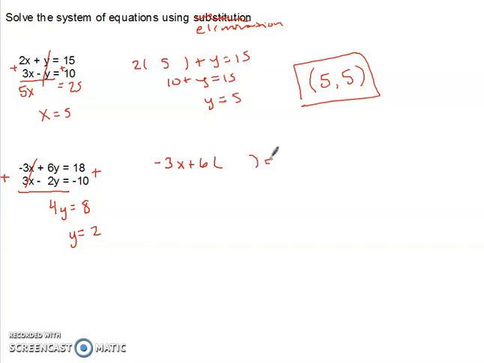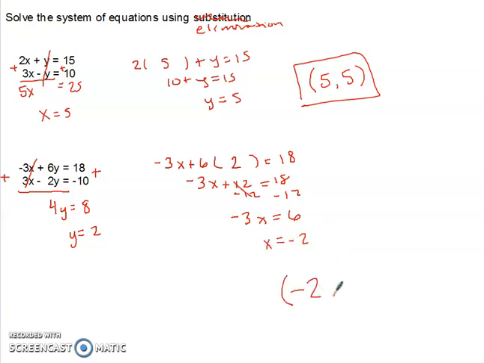I'm choosing the first equation, but you can pick either. Negative 3x plus 6 times y, which is 2, gives me 18. And solving, negative 3x equals 6, so x is negative 2, so my solution here is negative 2, 2.